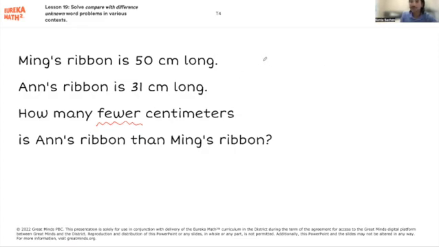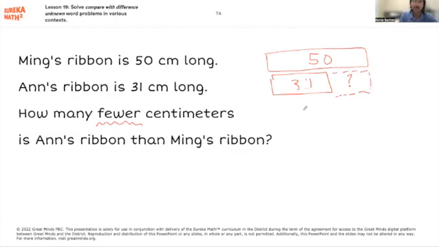So one thing I could do, right, is I could draw my tape diagrams of Ming's 50 centimeter ribbon and Anne's 31 centimeter ribbon, and find out this difference here, right? How much more do we need?